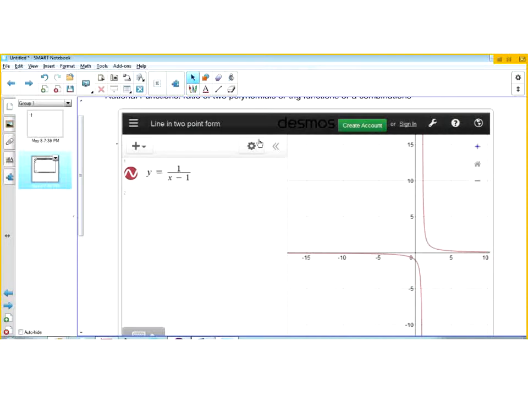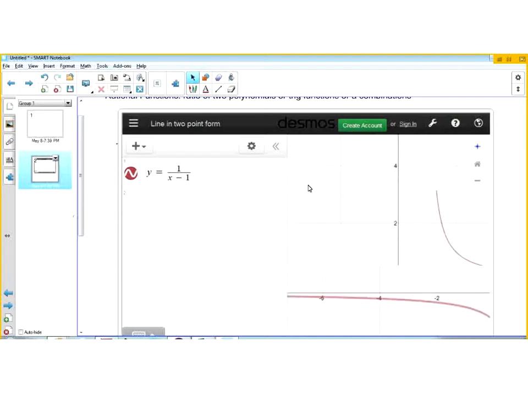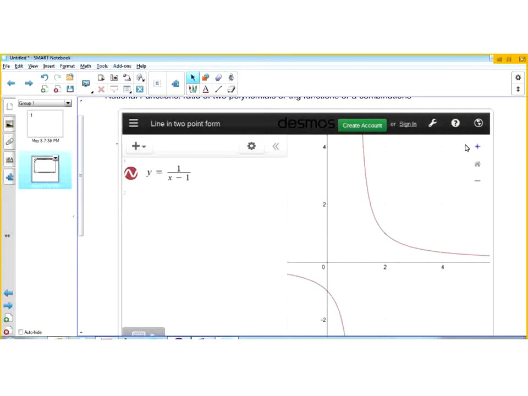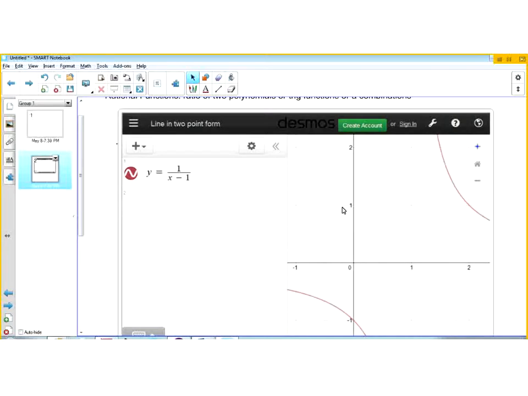So at x equals 1, you have something that looks like this. So there's our vertical asymptote.